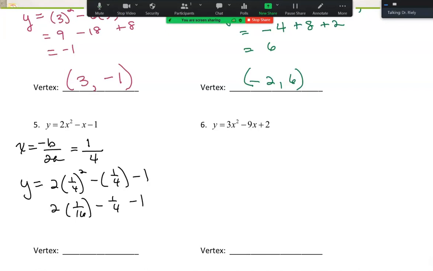Okay, so what does that give us? So we have 2/16. 2/16 can also be 1/8, but let's leave it as 2/16. Turn the fourths into 16ths by multiplying by 4/4. So that's minus 4/16. Turn the 1 into 16ths by multiplying by 16/16.